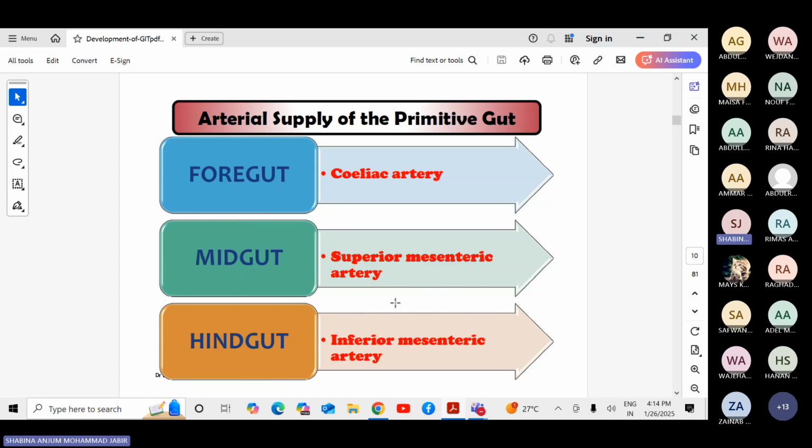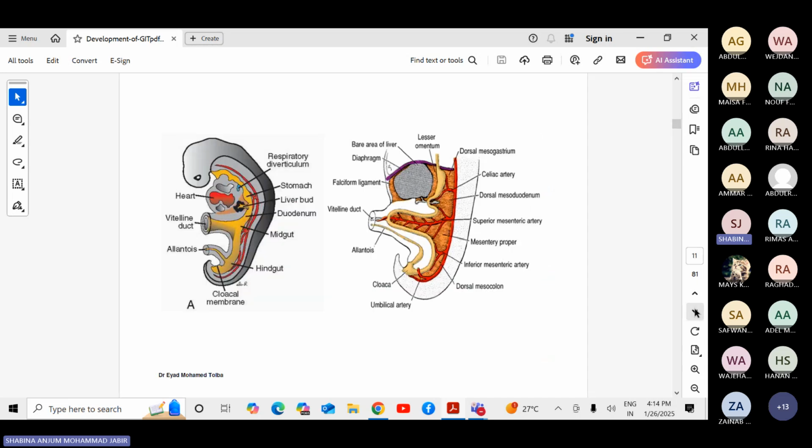Only the main functional or principal arteries will be present, which are the branches from the abdominal aorta. So for foregut, we have the celiac artery. For midgut, we have the superior mesenteric artery. For hindgut, we have the inferior mesenteric artery.